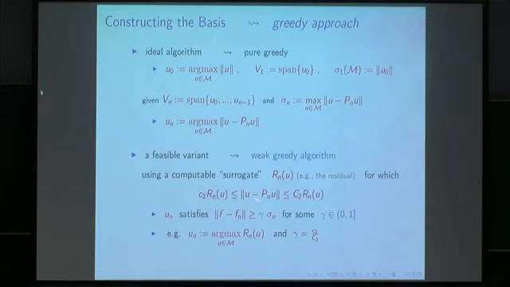We just need to calculate the residual error, and based on that we can actually achieve this inequality, so that the distance is larger than gamma.